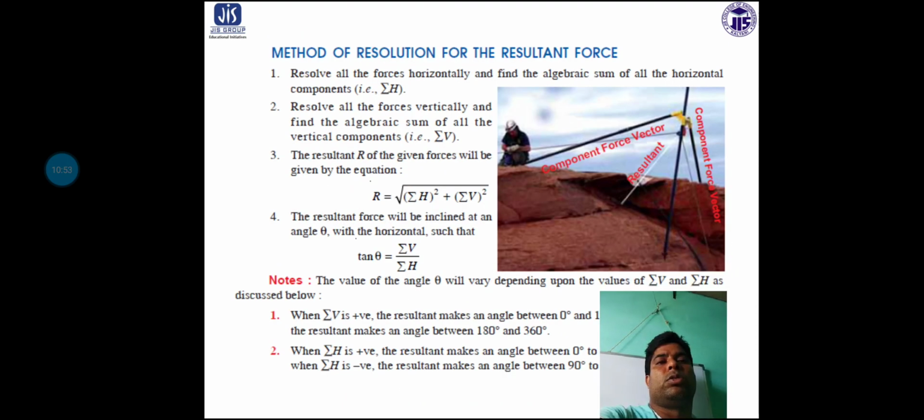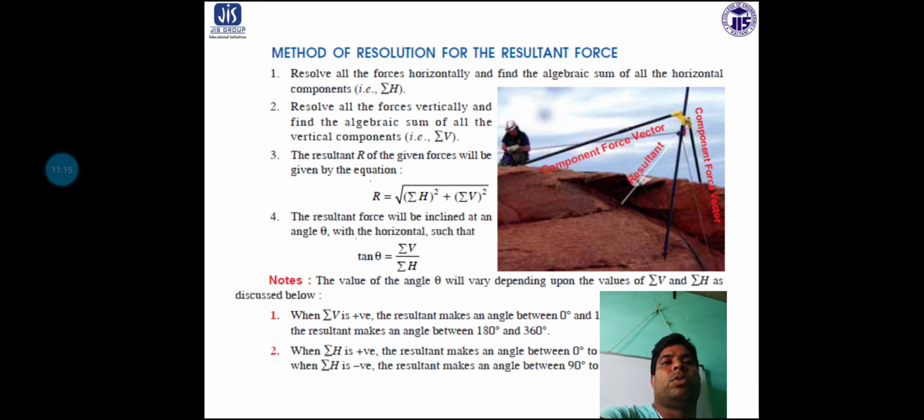Now, the method of resolution for the resultant force. First study the figure. That figure shows the component force vectors, the resultant, and the component force vector in the horizontal direction. So in these cases we can follow three steps.